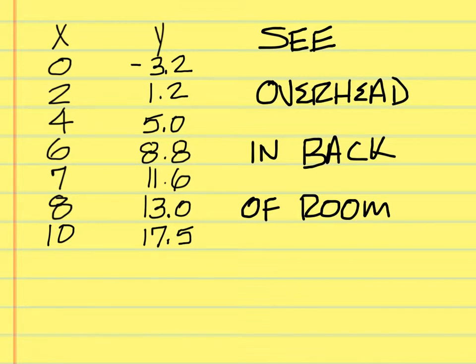Okay, now we want to plot all the points that we had in those lists. So hit second, and then Y equals. And you'll have stat plots. We're going to use the first one, so hit enter on the first one.